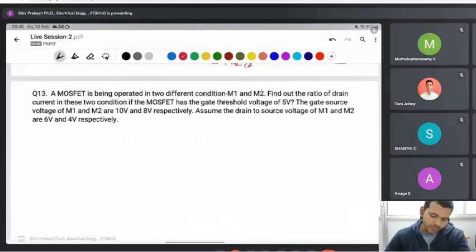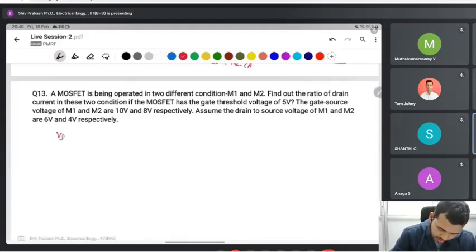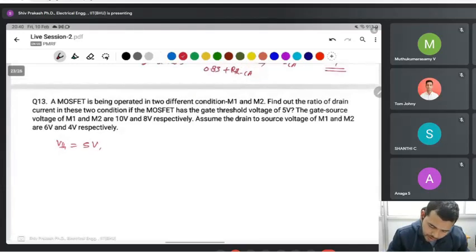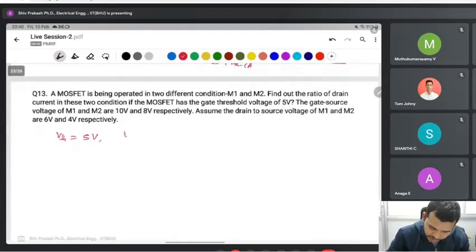Next question: a MOSFET is being operated in two different conditions, M1 and M2. Find out the ratio of the drain current in these two conditions. The MOSFET has a gate threshold voltage VTH of 5 volt, and the gate to source voltage VGS1 is 10 volt, VGS2 is 8 volt.